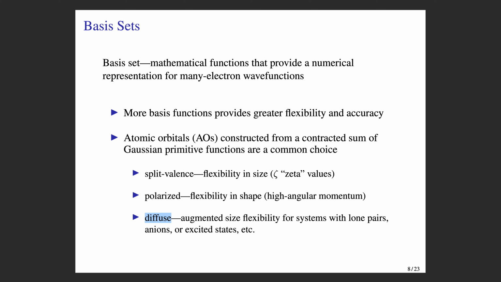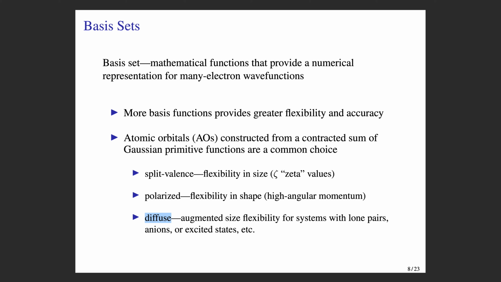So for example, when you excite a molecule, the electrons move around to a different distribution, and usually that distribution is more diffuse. That is, it's further away from the nuclear cores, or from where the nuclei are located.